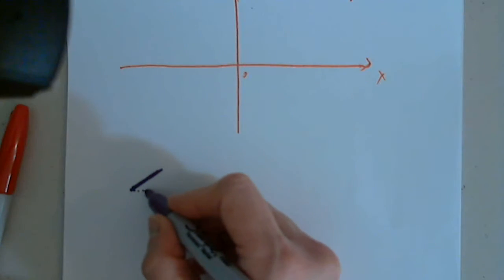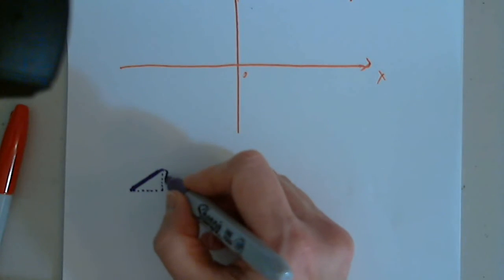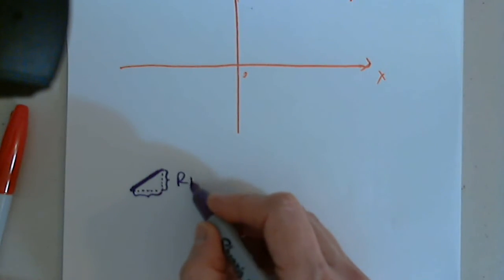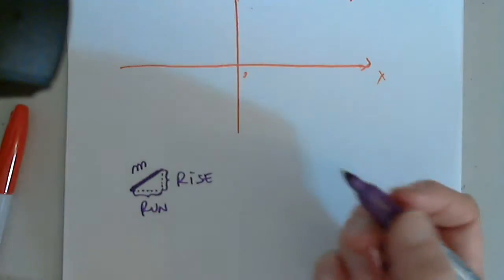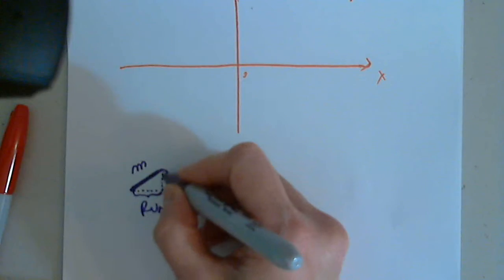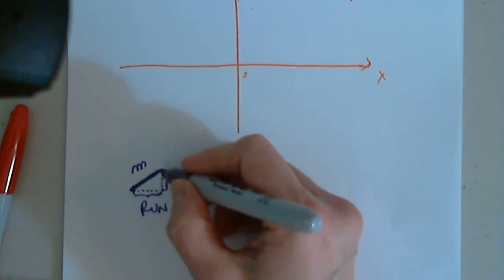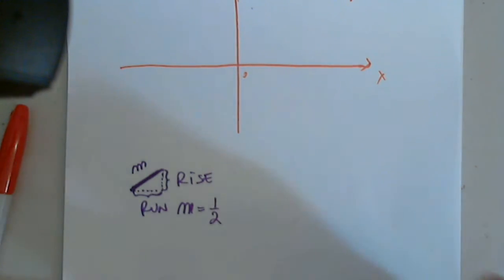I can create a right triangle, and if I can estimate the rise and the run, I will say the slope of this for me is, let's say, 1 and 2, roughly. It appears sort of that this is 1 unit and this is 2 units. So then I'll say the slope is 1/2 and positive.